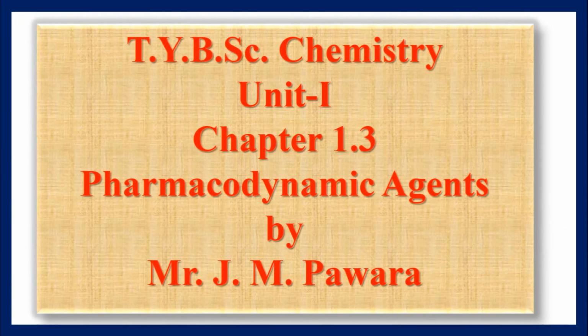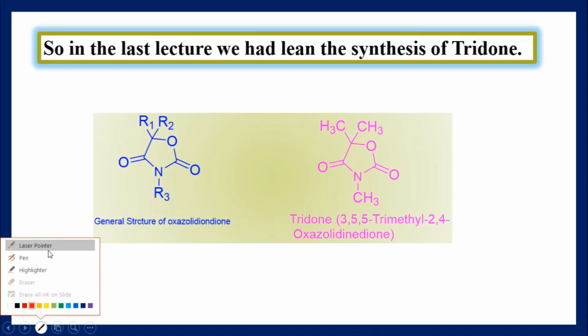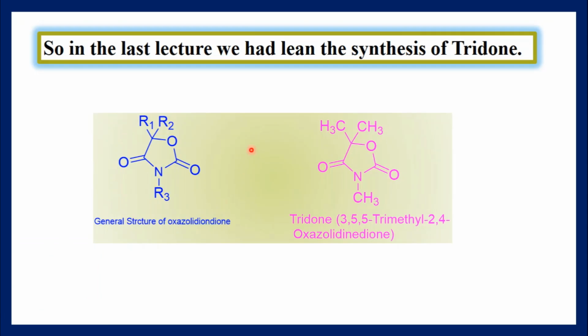In the last to last lecture, we started with the new chapter, chapter 1.3, pharmacodynamic agents. In the last lecture, we learned the synthesis of tridone. This is the general structure of oxazolidine dione, and tridone is a derivative of oxazolidine dione.